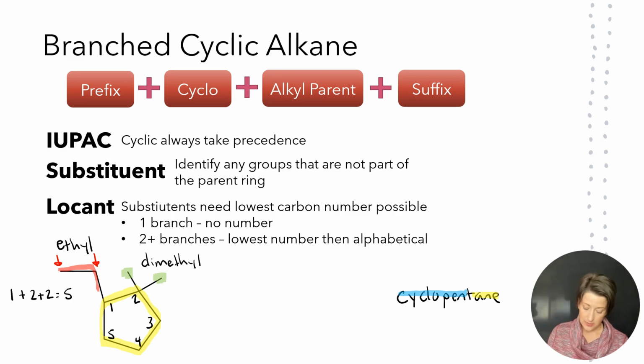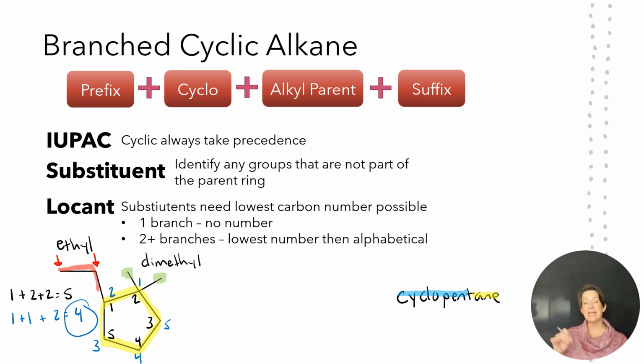On the outside, if I give my methyls 1, I'm going to count counterclockwise. 2, 3, 4, 5. So that means my methyl groups each get a value of 1, and my ethyl is a value of 2, giving me a total value of 4. That is the numbering system I want to use, even though the carbon numbering is technically equidistant. There are 3 groups.